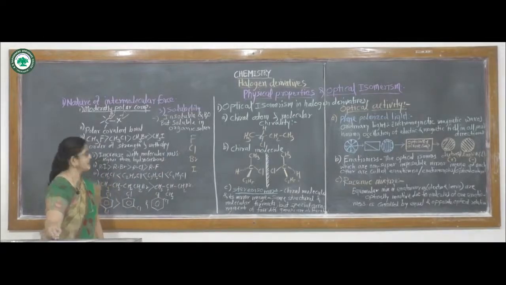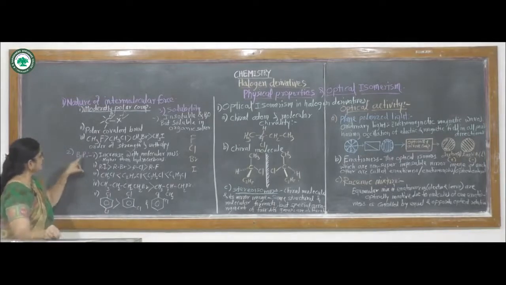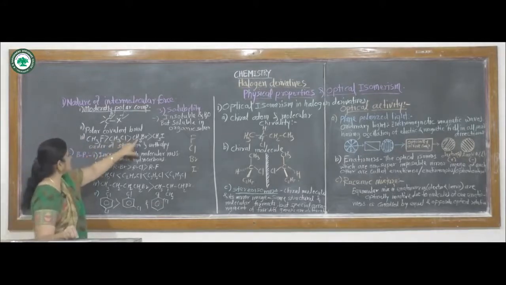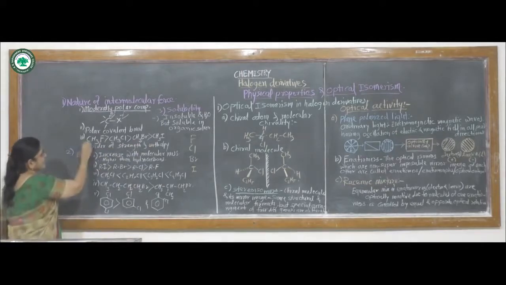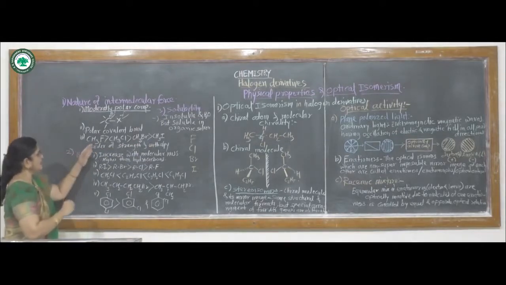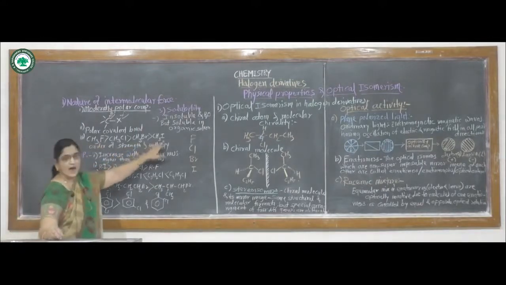atomic size. Then in these compounds, CH3F, CH3Cl, CH3Br and CH3I, that means alkyl halides, the bond strength goes on decreasing from alkyl fluoride to alkyl iodide.